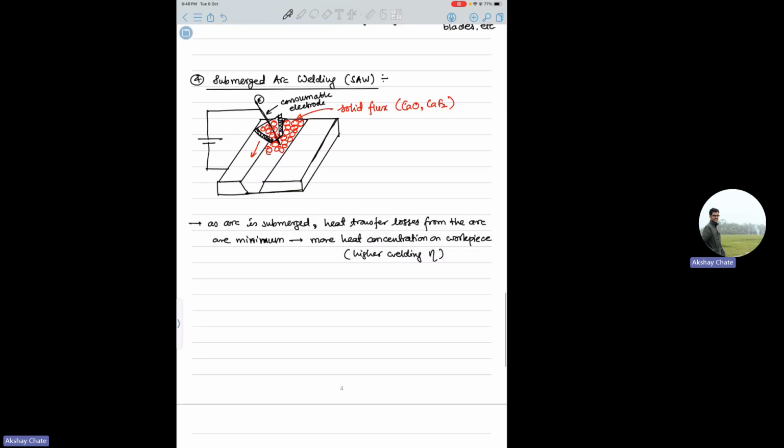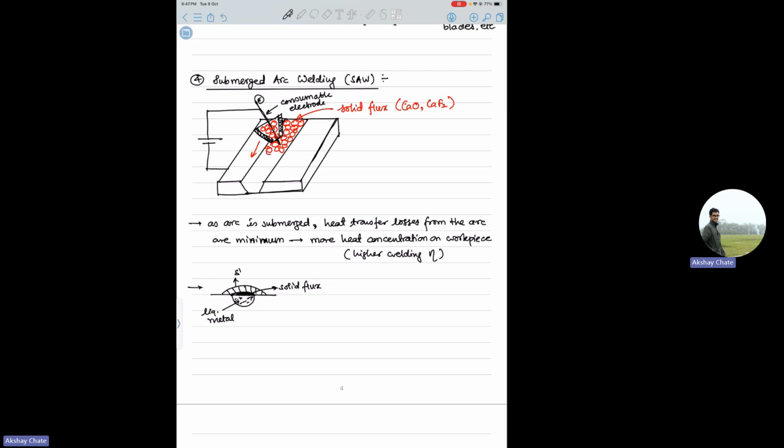Okay, and also what happens? We choose this solid flux in such a way that if you look at your weld pool, you'll have liquid metal like this, and then you'll have solid flux covering like this. You choose this solid flux in such a way that the slag that is formed after the interaction with the weld pool is lighter than the flux. So you will have this slag formation on top of the solid flux.